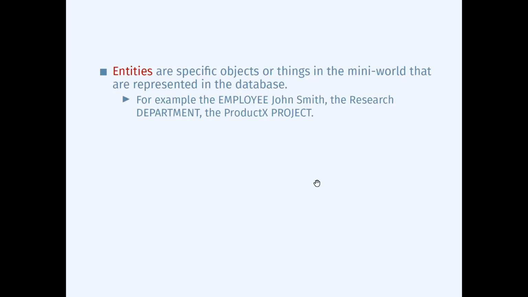Okay, first thing we need to understand is what entities are, right? For example, entities mean specific objects. For example, we can say employee John Smith, department research, project productives.